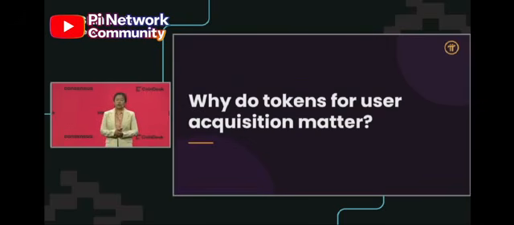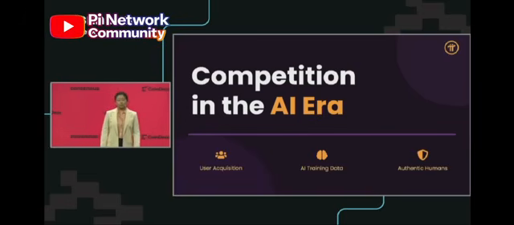Why do tokens for user acquisition matter? Well, in the age of AI, with all the foundation model breakthroughs and platform advancements that lower the barrier of building, the competition for user attention and user acquisition will be more fierce. There will be basically more tools than users. But business models only exist if someone is using and paying.